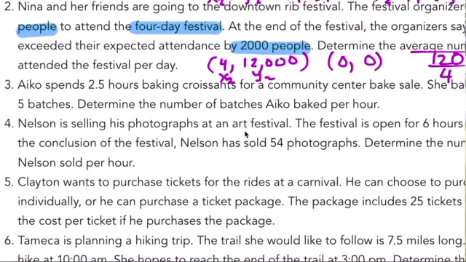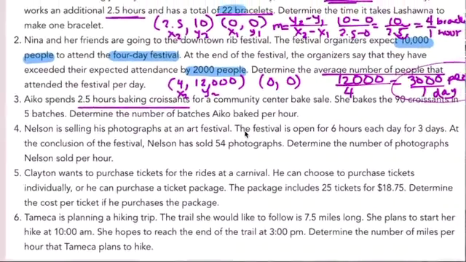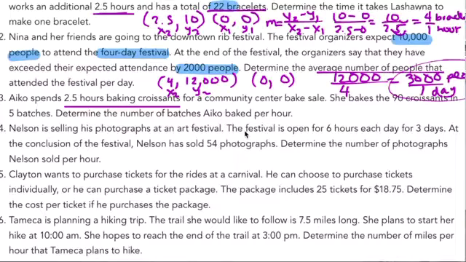Nico spends 2.5 hours baking croissants for the Community Bake Center sale. She bakes 90 croissants in 5 batches. The number of batches comes first. So 5 batches make 90 croissants. Determine the number of batches per hour.